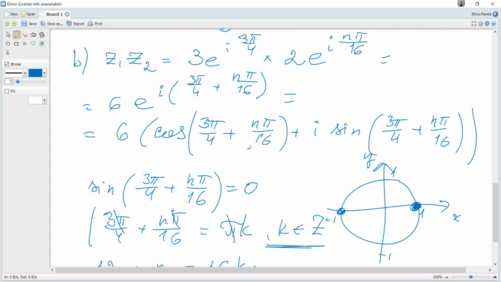We substitute n to be 4. Definitely it's 0, you may check that it's 0. And what about this value?